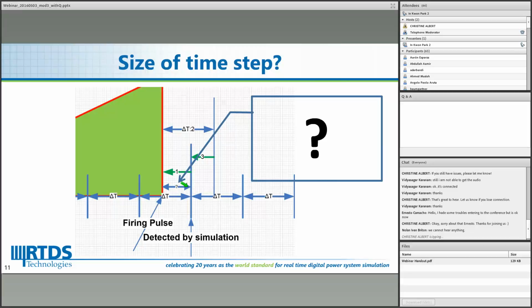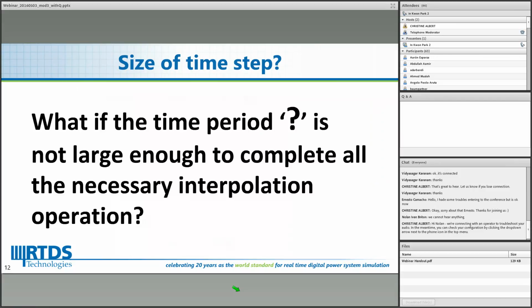So the only option left for a real-time simulator is to skip the time step and do the interpolation at the next time step. And as a result, it experiences extra delay in the time step.